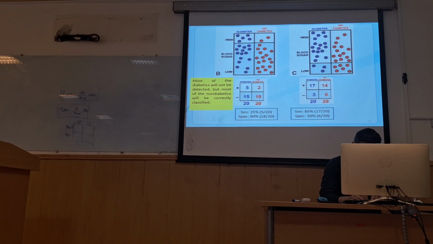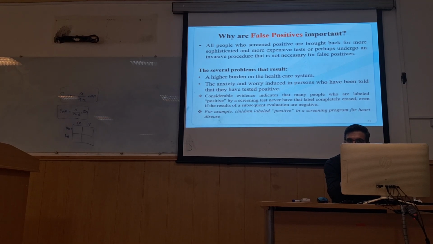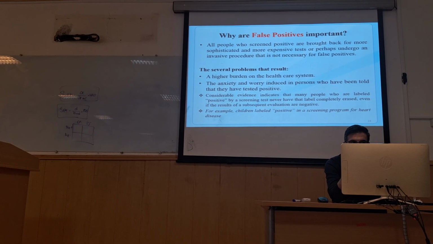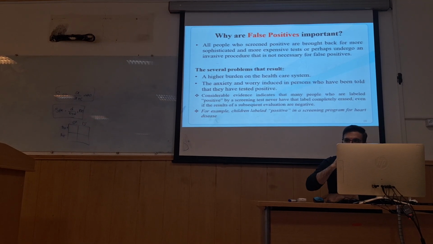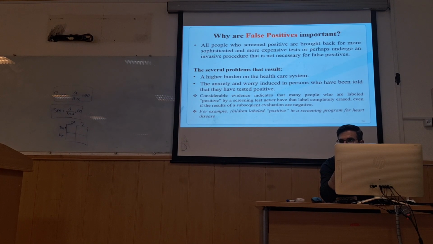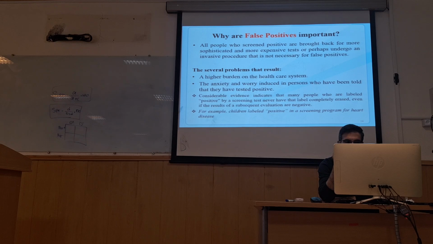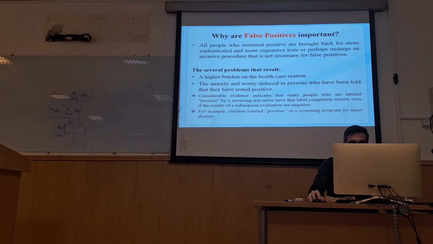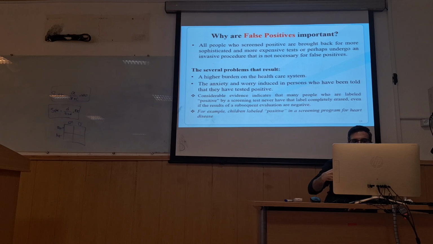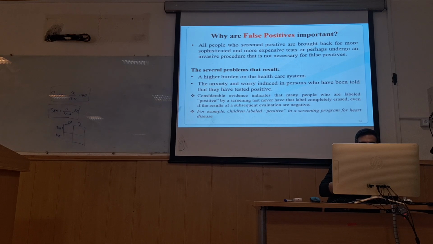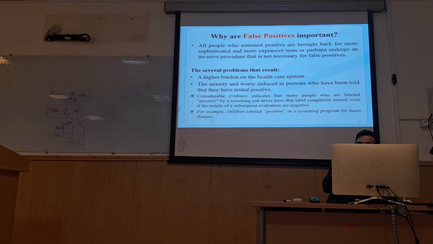Ashraf Mahwash. In diseases like HIV, reducing false positives is very, very important. Why? Because a false positive can create problems for the patient or for the positive person. For example, as you see, the anxiety and worry induced in persons who have been told that they have tested positive has many negative effects on their mentality or physical health.